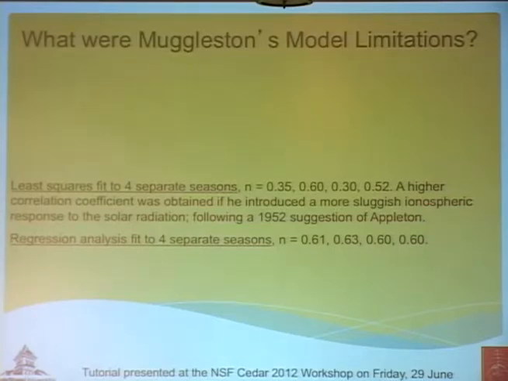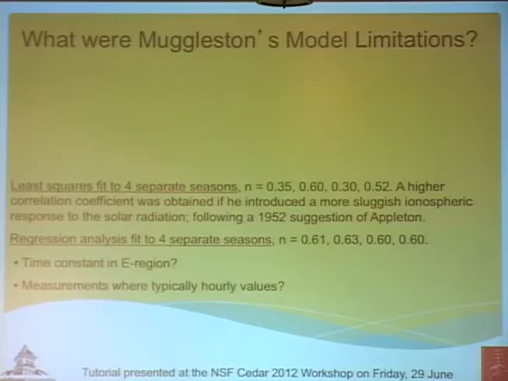For most of us physicists here, the sluggish F layer is one thing, but there is no sluggish E layer on the scale in which he's working. But nonetheless, he got better agreement. In fact, when he did his regression analysis for the same data, he gets four quite different coefficients. So looking at that, if that's as far as the field ever got, we can easily argue there are some major limitations right up front.